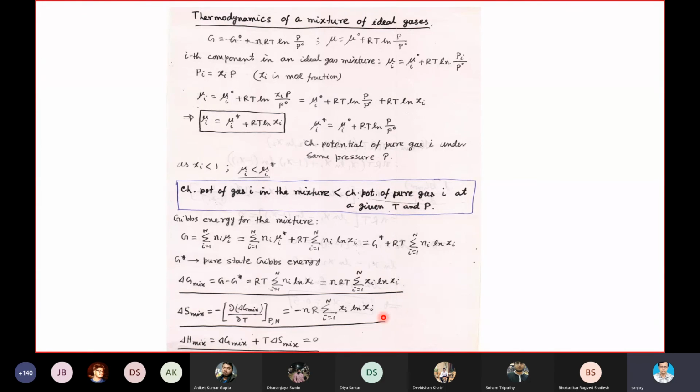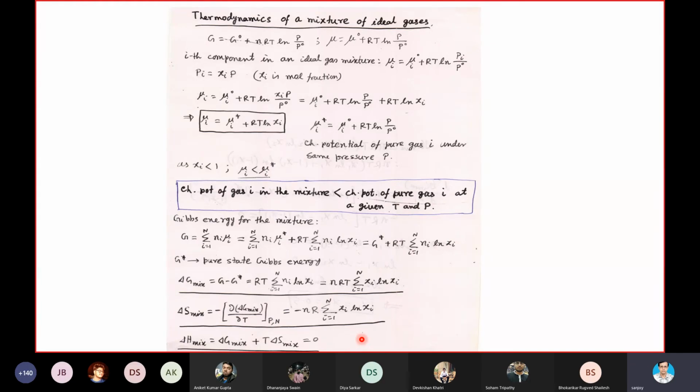So what you are seeing now is that due to mixing, there is some change in the Gibbs energy. There is some change in the entropy. Okay. But there is no change in enthalpy when you're mixing. Okay. So this is crucial. There is no change in enthalpy due to mixing.